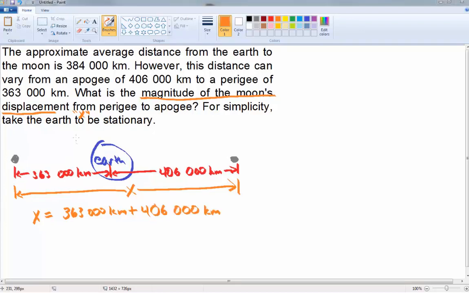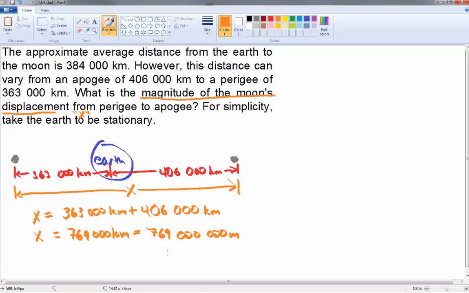If you add those two numbers together, this distance is about 769,000 kilometers, or if you convert it to meters, 769 million meters. So that is the displacement between perigee and apogee for the moon if the Earth is stationary.